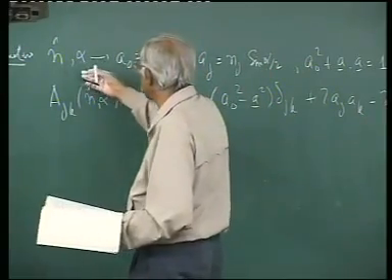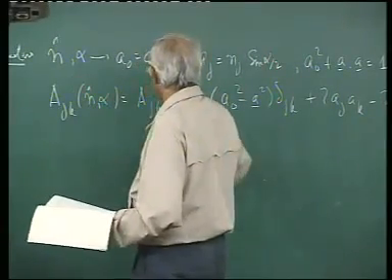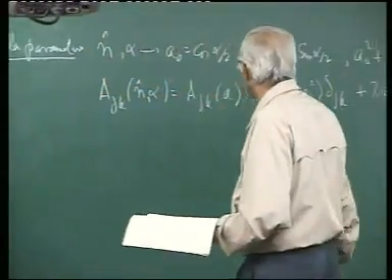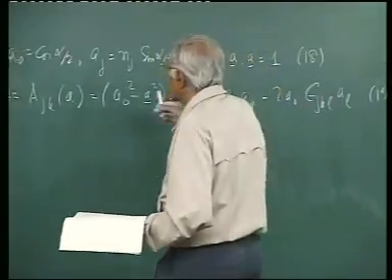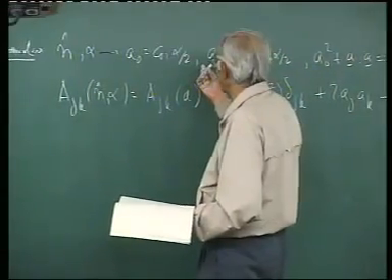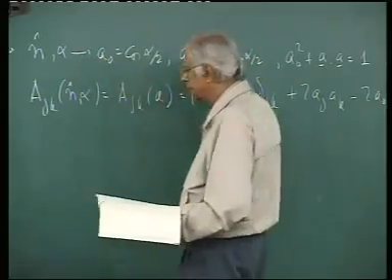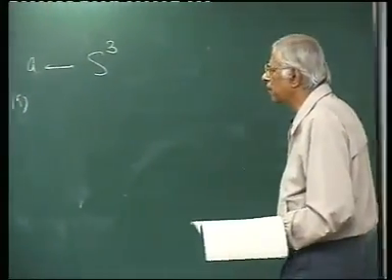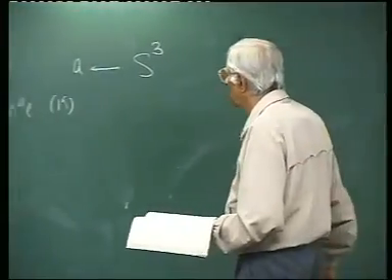I am making this change from axis angle to a point on S3. Because here I have told you how to compute A0 and A vector given n and alpha. So this is the way. So now you see, this is another way of parameterizing elements of the rotation group.